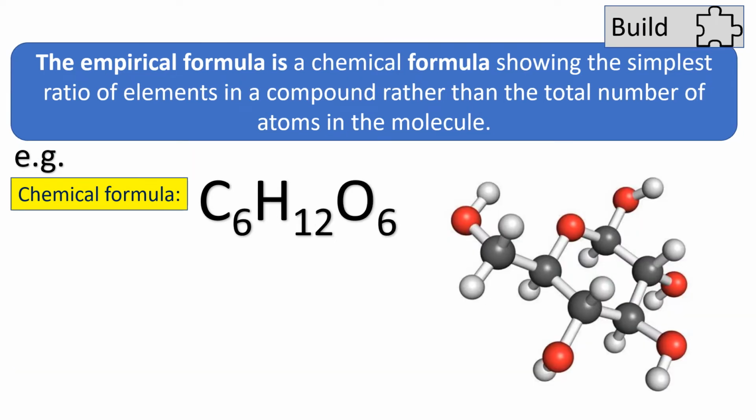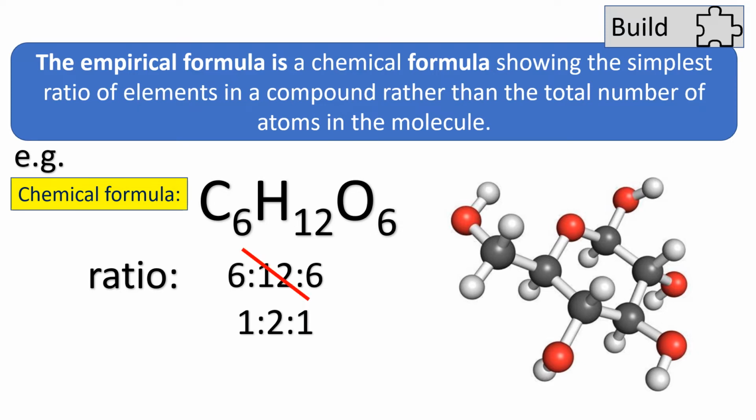Here's a slightly more complex molecule. This is glucose. The chemical formula for glucose, the actual number of atoms I would need, C6H12O6. So my ratio is 6 to 12 to 6. Now 6 goes very easily into 12, so I can find a simplified ratio there of 1 to 2 to 1.